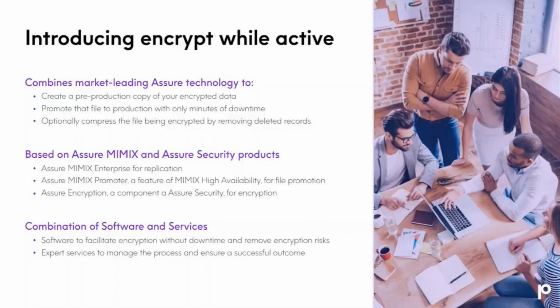And what you can even do, and I'm going to talk more about this later, is compress out deleted records if you want, which should be very helpful if you're dealing with high numbers of deleted records. This combines our technologies from our Assure MIMIX and Assure Security product portfolios.